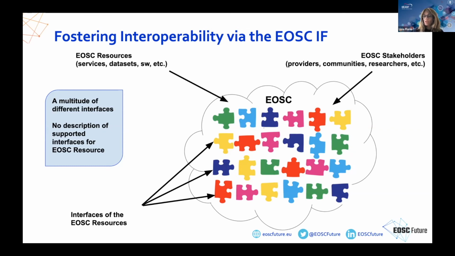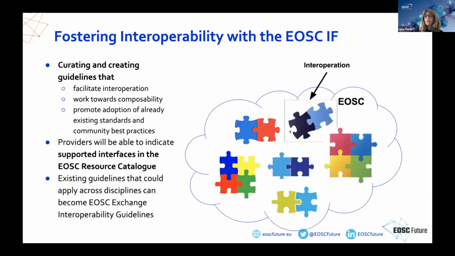Some of them are the same because they happen to come out in the same way. Some others are not. We are not asking for those connectors to be changed, because these pieces are working in another puzzle box and they should continue like that. We are providing an additional space, an additional puzzle piece that can connect to that and therefore allow for interoperability. Basically, this is what we are trying to aim for.